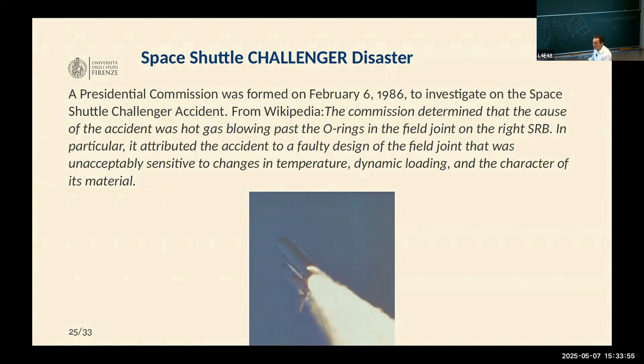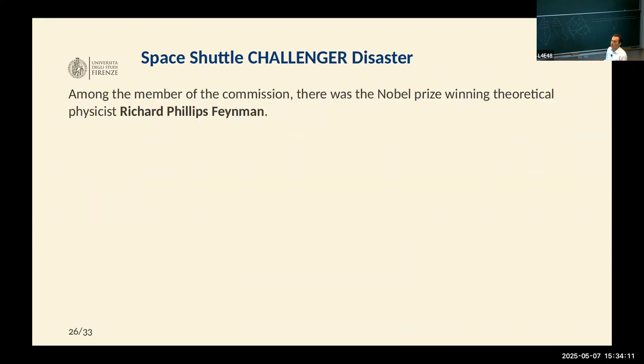The problem was that when you put these pieces together, there are O-rings connecting them, and this O-ring was made of a material which was not behaving very well with the change of temperatures. But this was not the only problem.